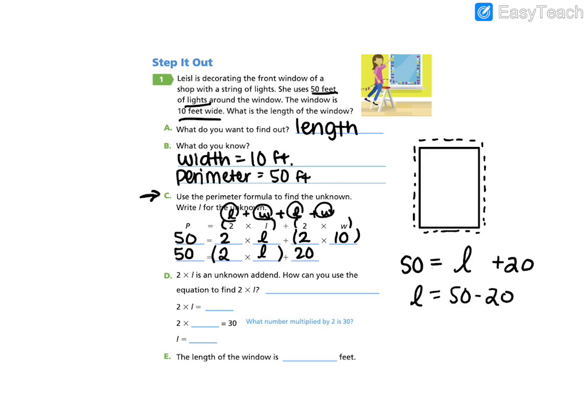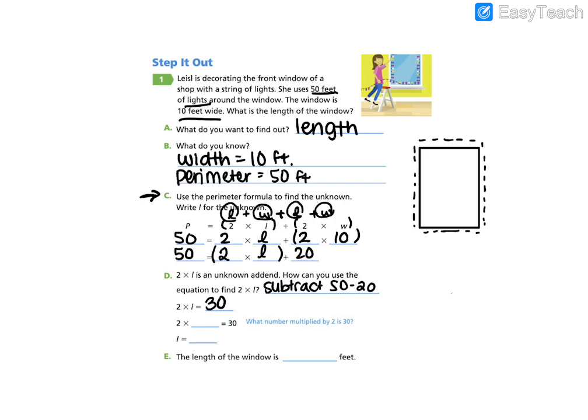So the first thing I need to do is subtract 50 minus 20, because I want to get this unknown by itself. So we know that the unknown now, 2 times L, is equal to 30.